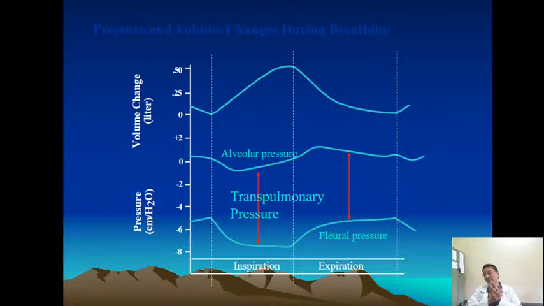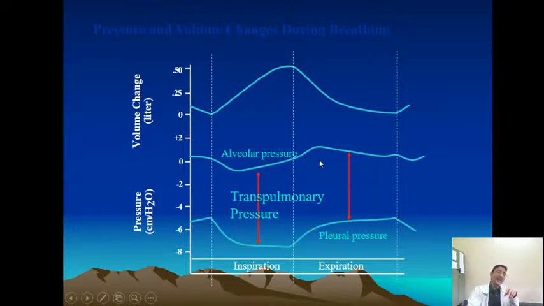What do you mean by alveolar pressure? The alveolar pressure is the pressure present within the alveoli during inspiration and expiration. When you record the pressures, you will find that the pressures in the alveoli change during each inspiratory and expiratory cycle, and that record of the changes in pressure is depicted here.